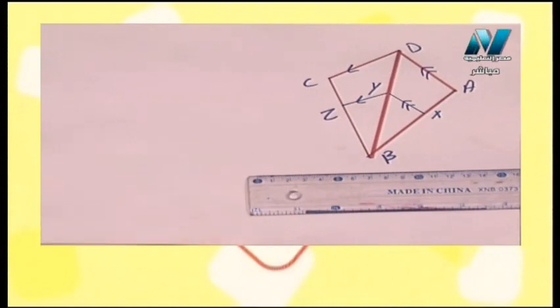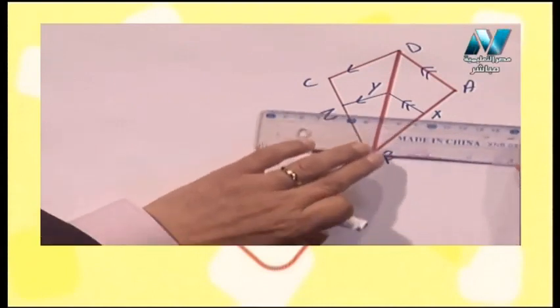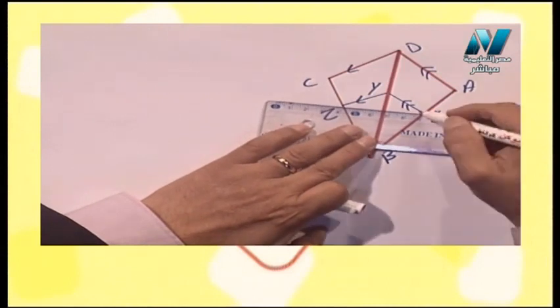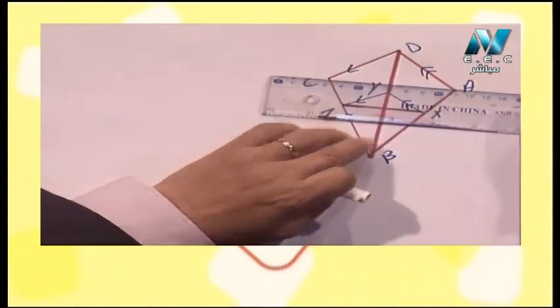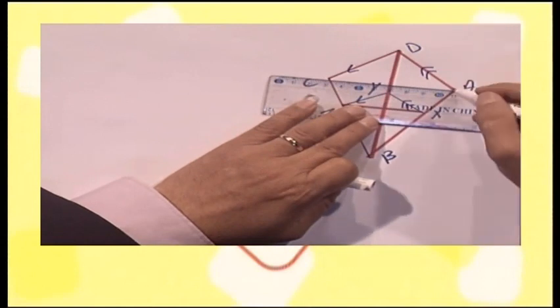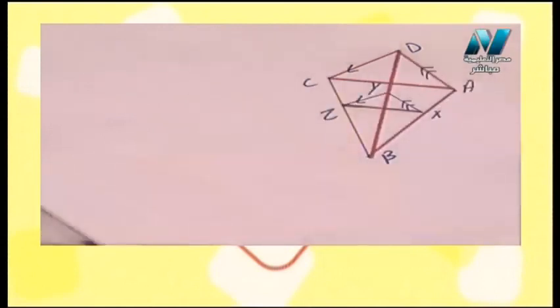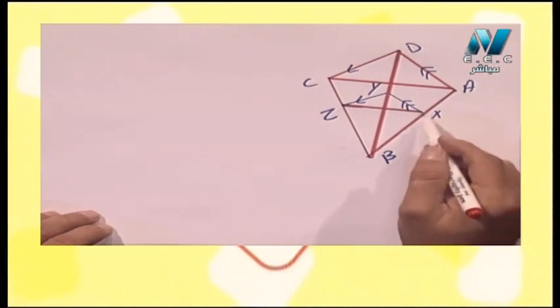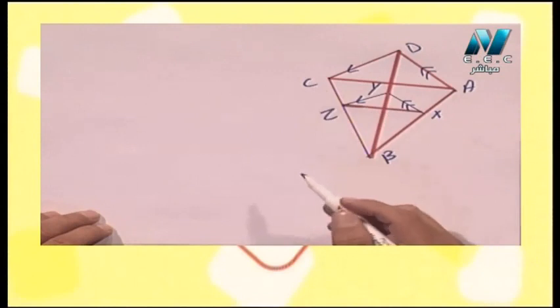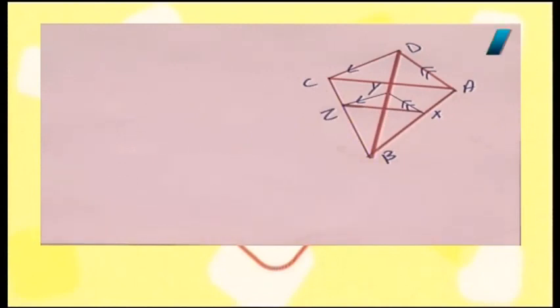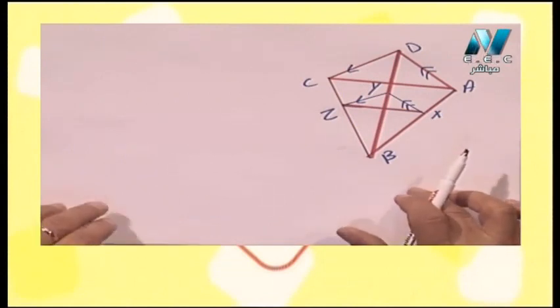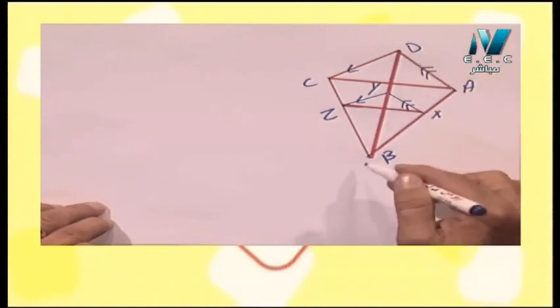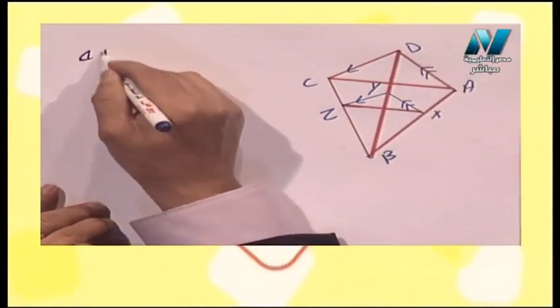The requirement is to prove that XZ is parallel to AC. We have no lengths for the sides, and none are needed. So concentrate with me. We will start first with triangle DAB.